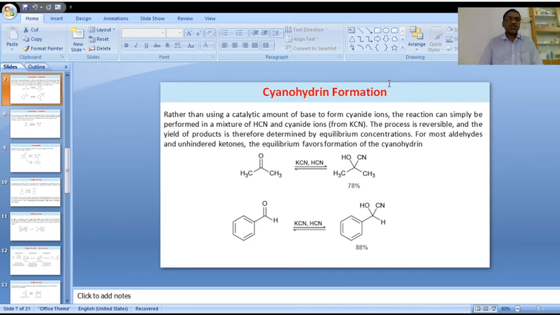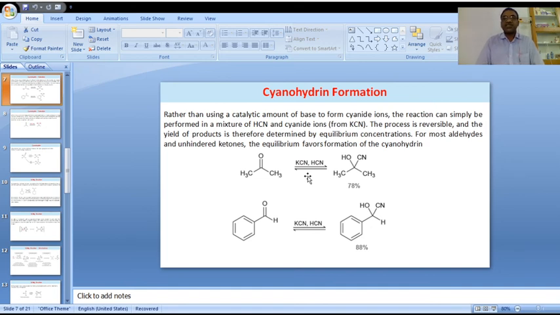Rather than using a catalytic amount of base to form cyanide ions, the reaction can simply be performed in a mixture of HCN and cyanide ion from potassium cyanide. Here we are using potassium cyanide, and cyanide ion is also present in the reaction mixture.